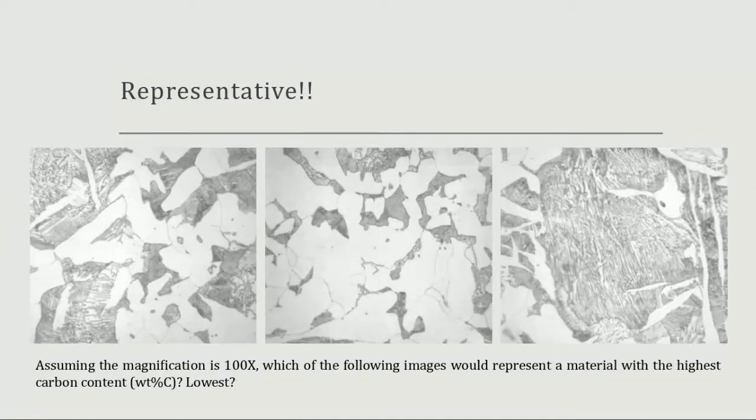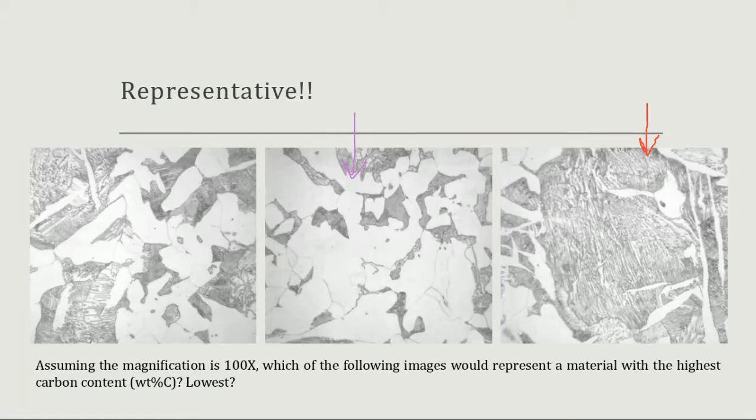Well, to be honest, it's the same material. But if you were to choose an image that has the highest carbon content, it would actually be the image on the right. This image over here on the right should have the highest carbon content. The lowest would be the one in the middle.